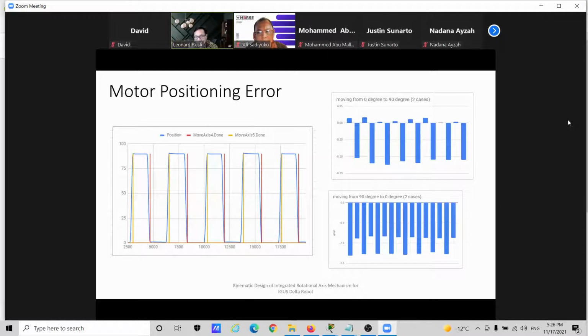The backlash being measured by the servo here is about negative 0.5 degrees to about 0.6 degrees on the forward motion. And then going from 90 degree to 0 degree, we see also a hysteresis or a backlash going on here.